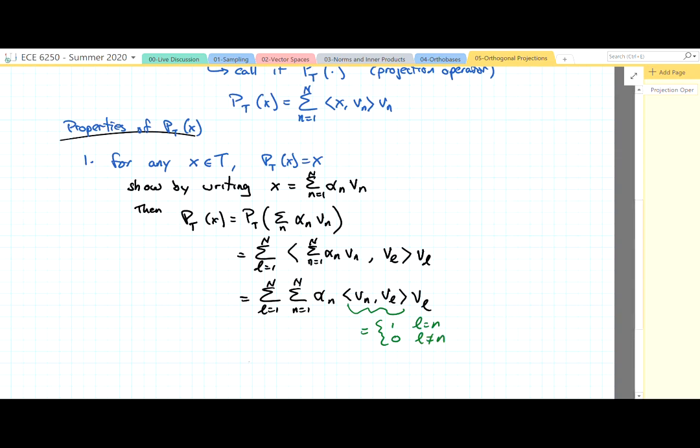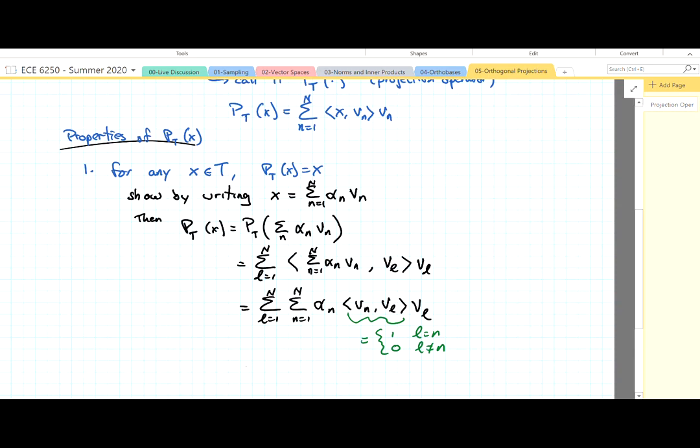So one of those sums is redundant, and we just get the sum n equals 1 to N of alpha n Vn. I don't know how that 8 appeared right in the middle there. I think I bumped my keypad. There we go. Okay.